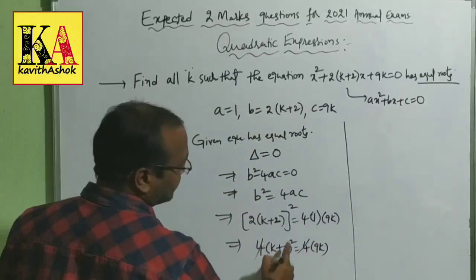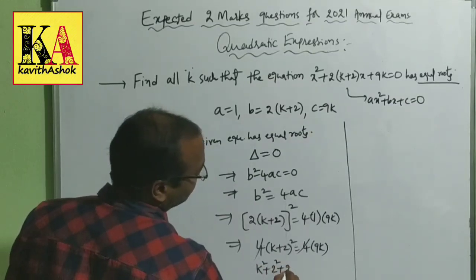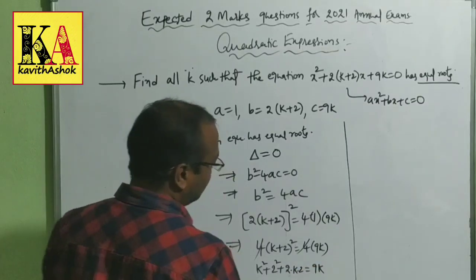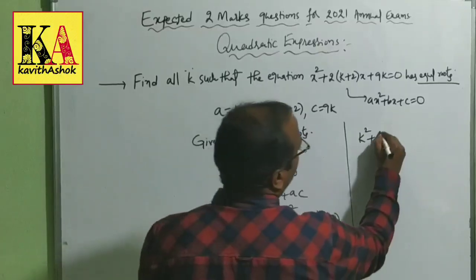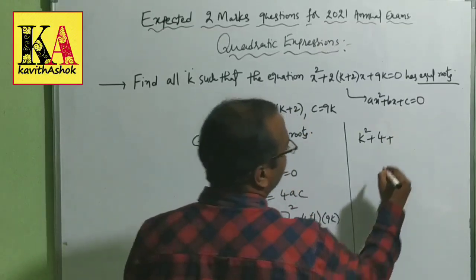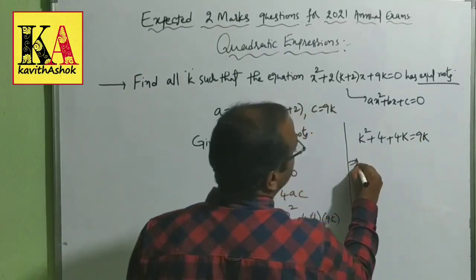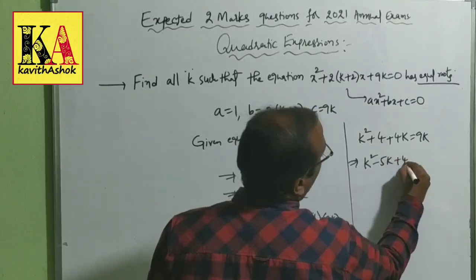Now a plus b whole square form: k square plus 2 square plus 2 times of k into 2 is equal to 9k. Now this is k square plus 4 plus 4k is equal to 9k. We will write this as k square minus 5k plus 4 equal to 0.